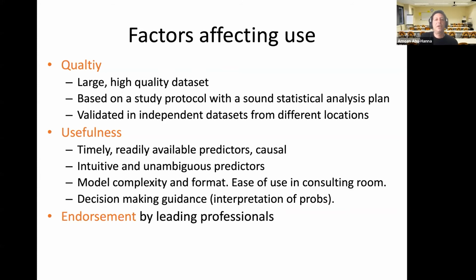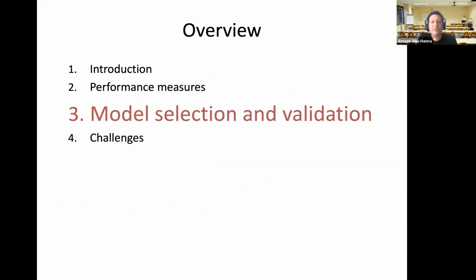I hope it's not too daunting a task to follow a tutorial so long. So we will keep some time for questions, and I encourage you to stop me when you want. My first question now is whether you have any questions up till now in terms of performance measures, how to obtain them, before we go to the next subject of how to use these performance measures in model selection and validation.